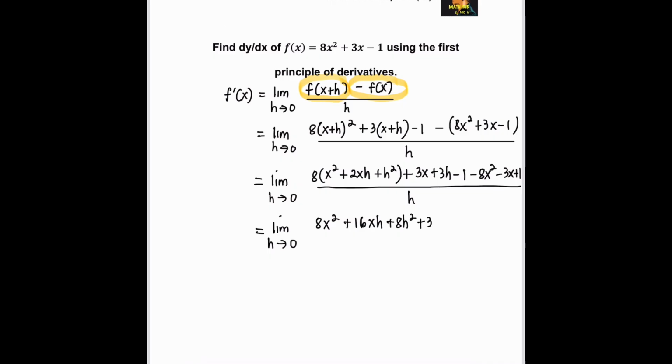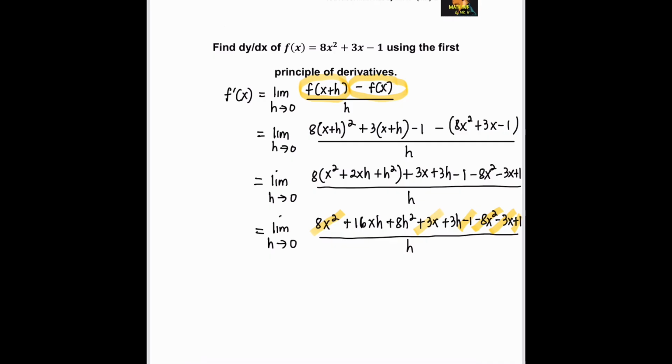Then we simply copy the rest divided by h. So we can combine like terms in the numerator. And as you can see, 8x squared positive, and you have negative 8x squared here. So that's going to cancel out. That's going to be 0. Another thing is 3x. So positive 3x and negative 3x canceled out. -1 and positive 1 canceled out.